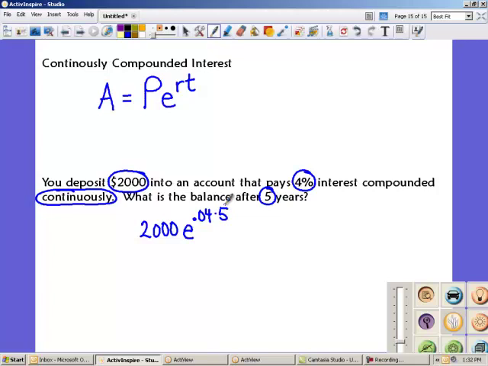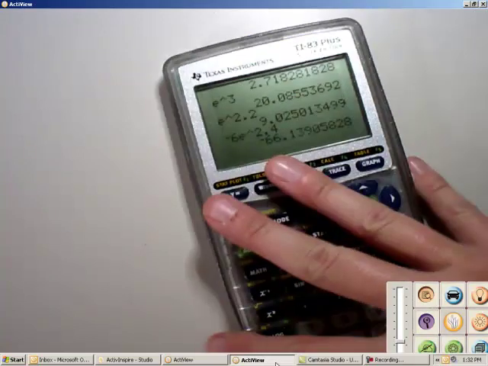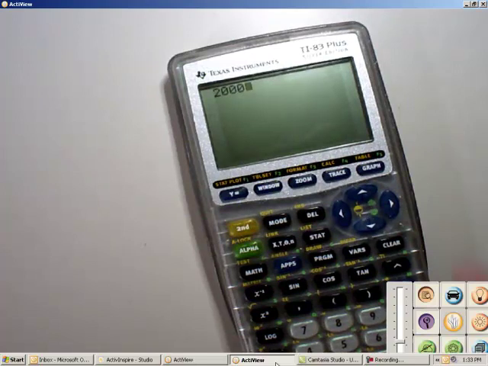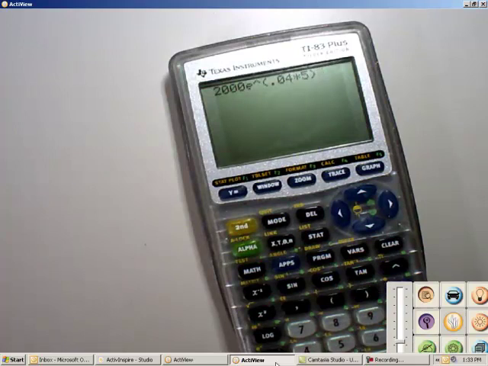Now when we plug this into a calculator, we want to make sure we do it right. So we're going to plug in 2,000 E, but the raised to part needs to be in parentheses. So 0.04 times 5, all needs to be in parentheses.